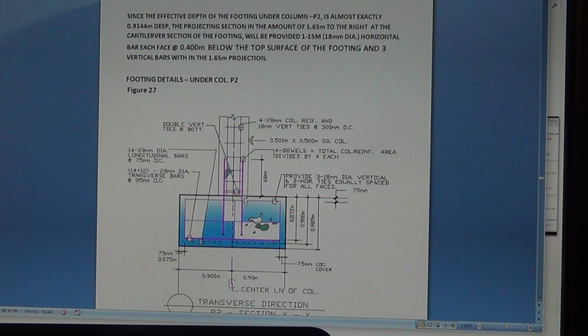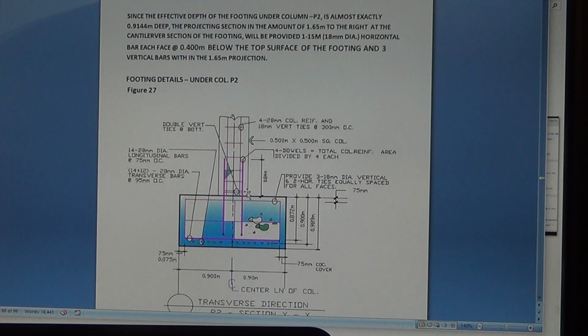You think it goes there? No, you have to cut it there, and there's a dowel going into the foundation. These dowels, there are 4 of them minimum. These dowels are bigger than the vertical reinforcement of the column.